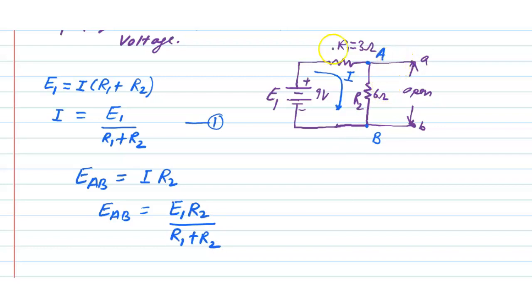Because there is no resistance in this path, that means there is no voltage drop from this to this. Hence small a point and this capital A point are at the same potential.